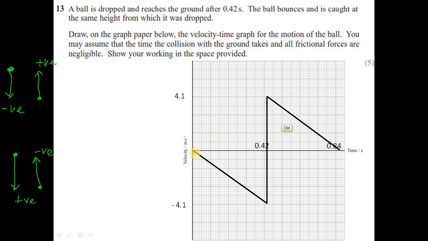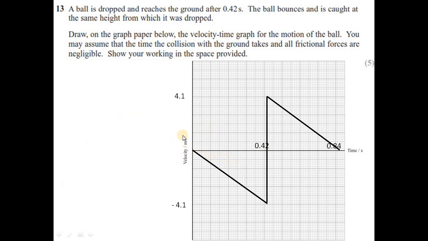So your graph looks like this. This red line will be your graph if you choose this. So both are acceptable.